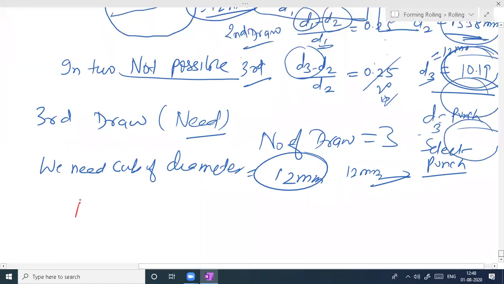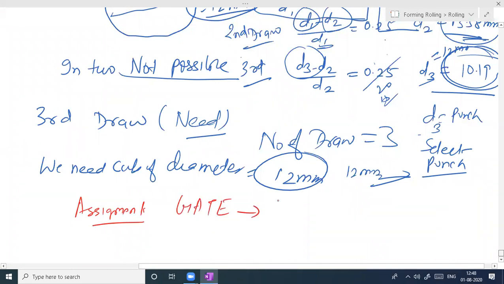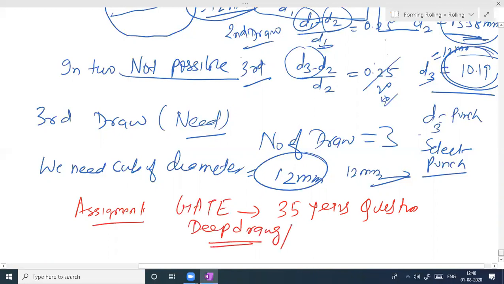So your assignment: GATE 35 years questions, deep drawing, then you have everything, sheet metal operation.